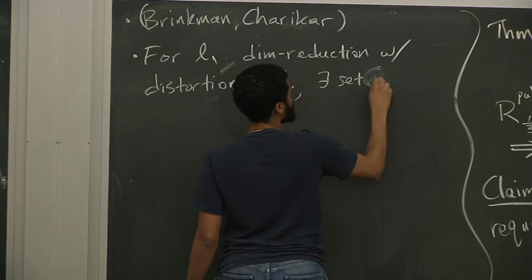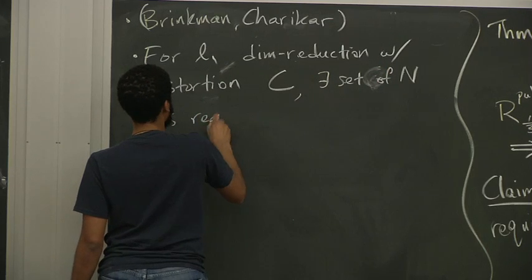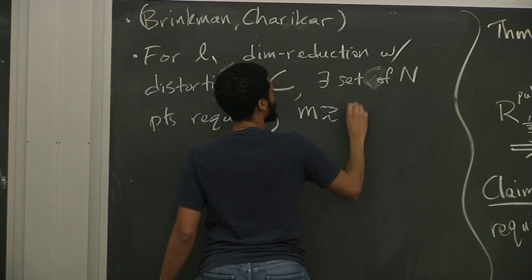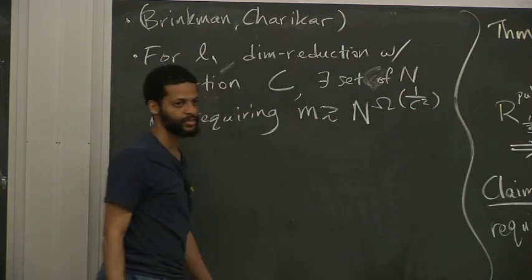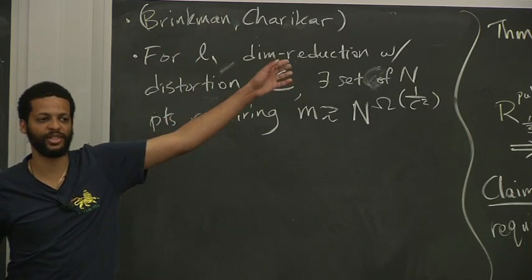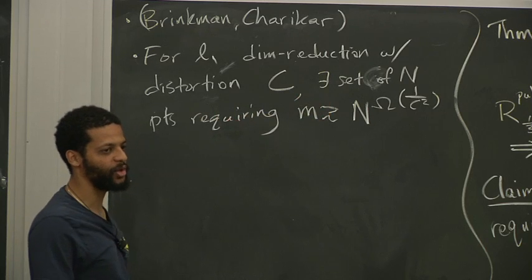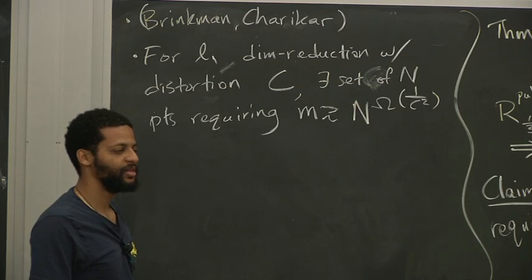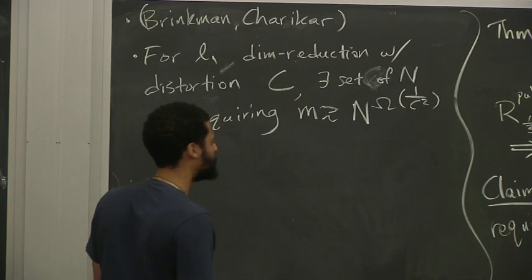So for any N, there exists a set of N points requiring dimension m which is at least N to the omega of 1 over C squared. So whereas we were getting log dimension over there, they show that if you want to do it for L1, you really need polynomial dimension. So you can't do as good a job at dimensionality reduction in L1.